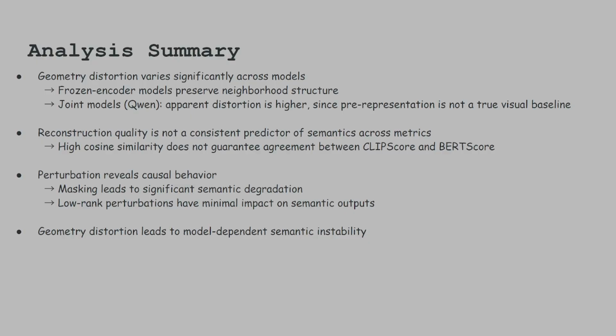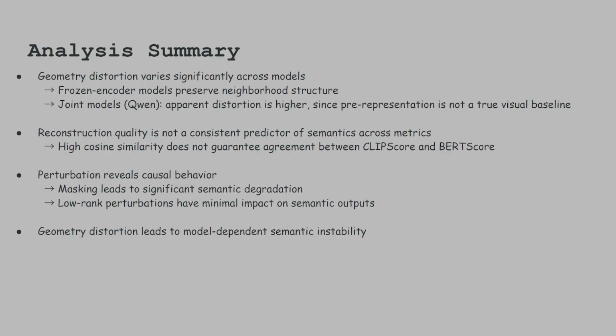So for the summary, for the geometric distortion part, frozen models still have the neighborhood structure, even after the projections. But for joint models, since their pre-representation vector is actually not a true visual baseline, that's the reason why they have pretty high distortion.